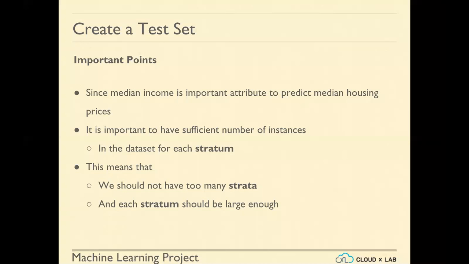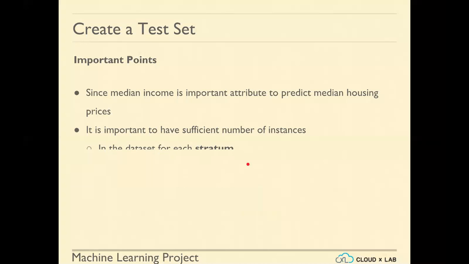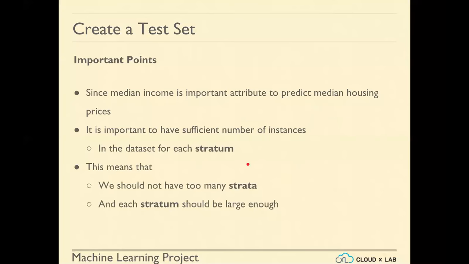Our predictions should be considering all strata equally. It should not be that because one particular stratum had just a few elements, it got completely ignored when we pick the data set. So we make it such that each stratum is large enough.